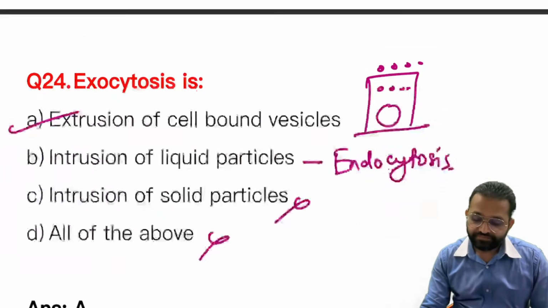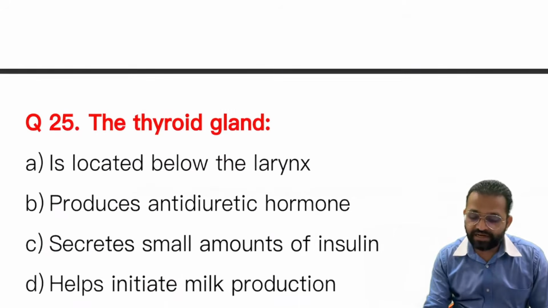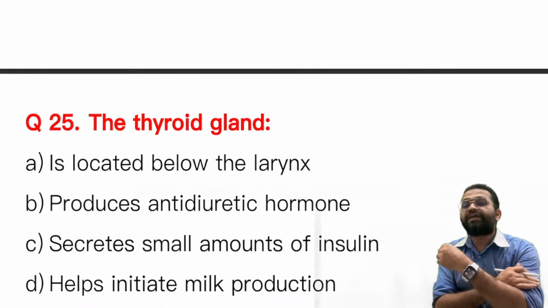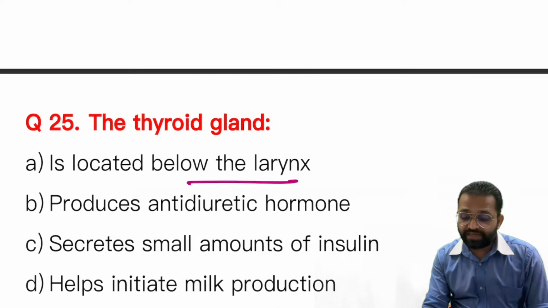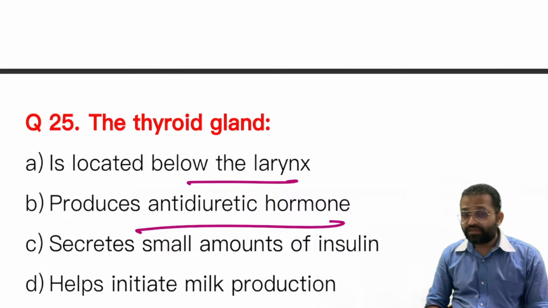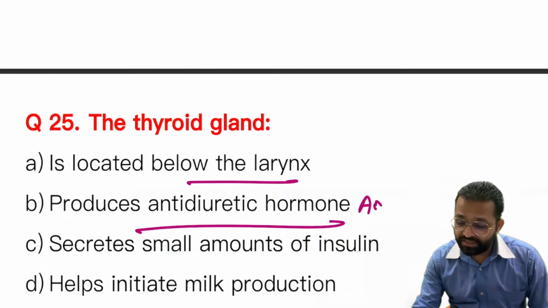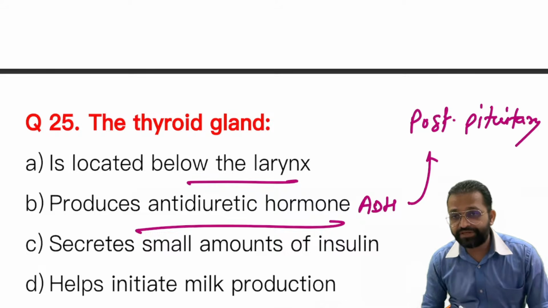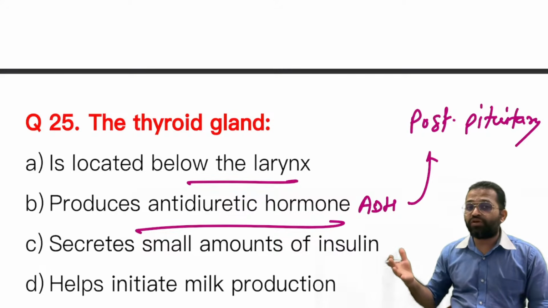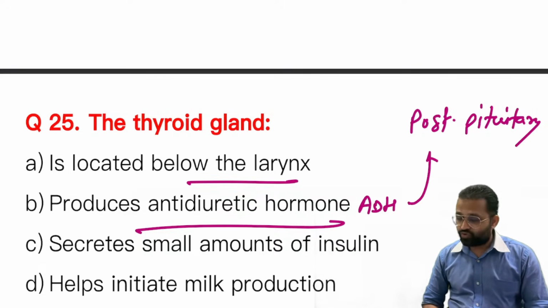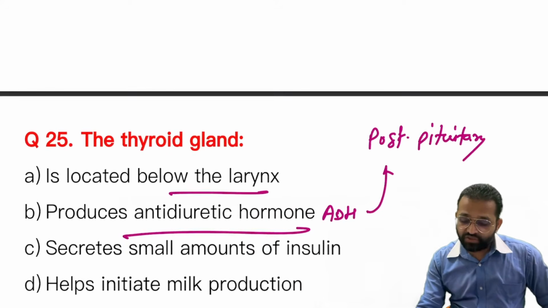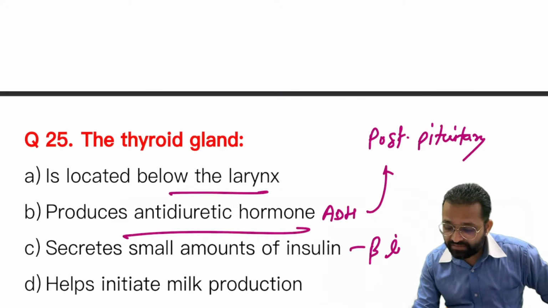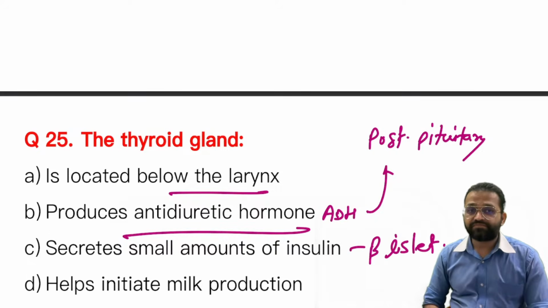Done. Okay, sir. The thyroid gland. What is true about the thyroid gland? It is located below the larynx. It produces antidiuretic hormone? No, sir. ADH is produced by the posterior pituitary. Secretes a small amount of insulin? No, sir, insulin is secreted by the beta islet cells.